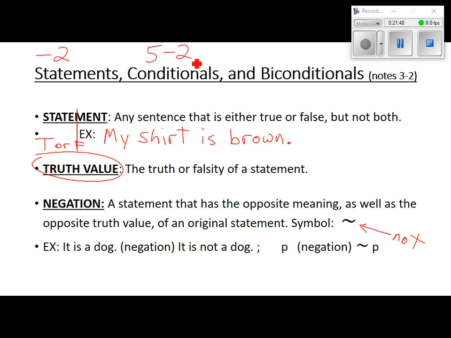This symbol means not. So if I write something like this, that's read not dog. It's just the opposite of what it was. Okay.